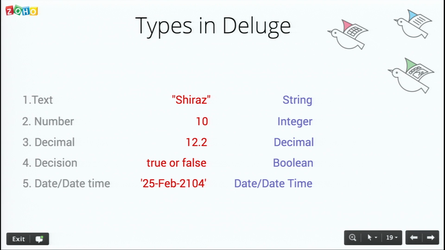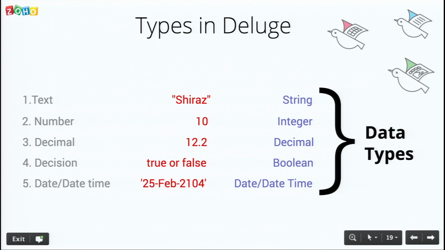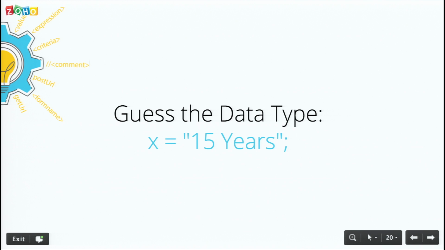Let's get into a few exercises for you guys. I want each one of you to answer, and I don't want the answer from the same person repeating. I want someone from here, someone from there. Everyone has to get involved. On the left, what is the data type of this? Good.